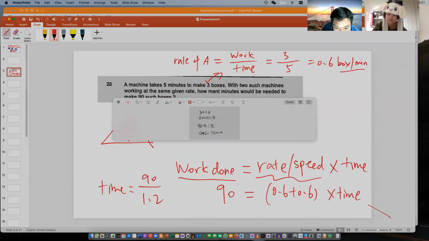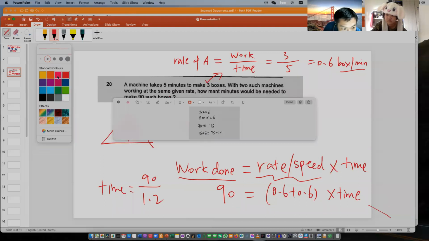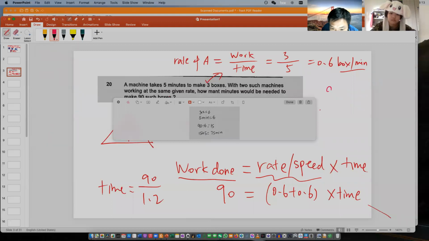What you have is 90 divided by 6 equals 15, and then you do 15 times 5. Let me write it down. So you have 90 divided by 6 equals 15, and then 15 times 5 equals 75. So your answer is 75 minutes, is it?